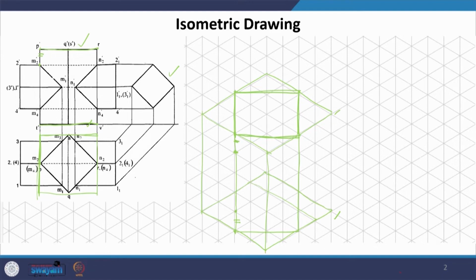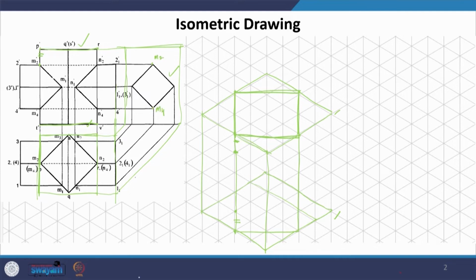And if I were to draw a plane, which is what we have seen here, if you were to draw it here, and we take it up like this, this is the plane that we get, this is the plane, this is your point M2 and this is your point M4.